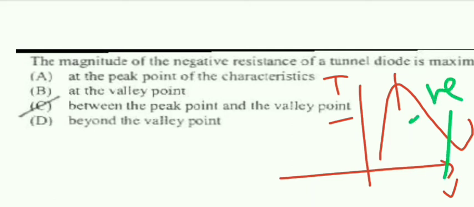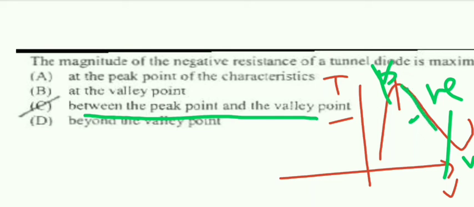This point is the peak, this is the valley, so it lies between the peak and valley points. This region is the negative resistance region, so only here can we find negative resistance. So option C is the right answer.